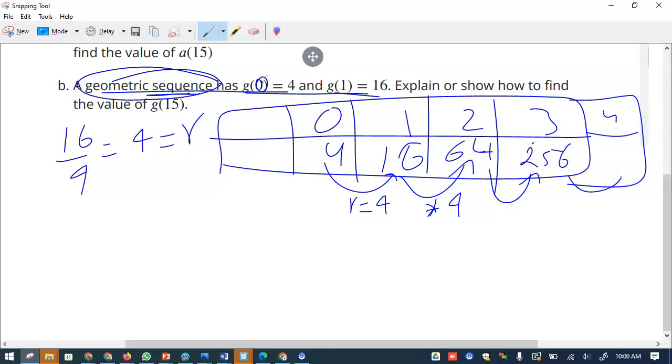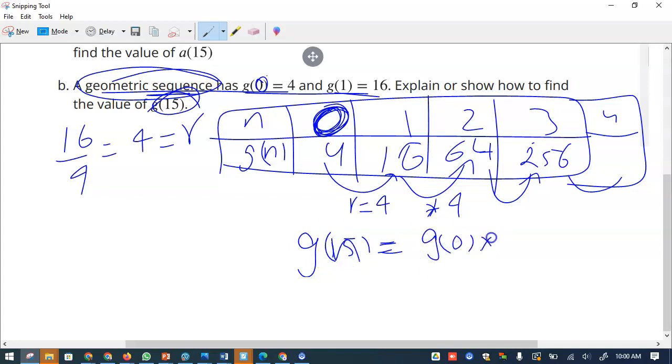So what's going on here is this is n and g of n. How do we find g of 15? Because this starts with 0, we can directly write the formula: g of n is g of the very first one times the common ratio raised to n, for n greater than or equal to 0.